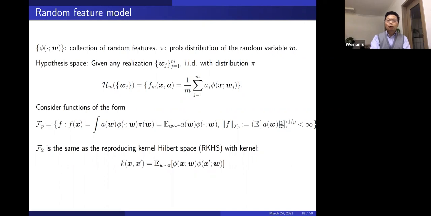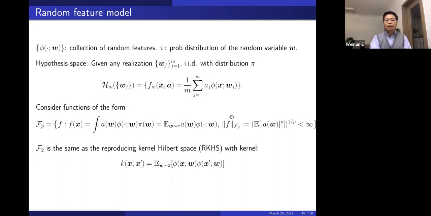And if p equals 2, this is exactly the so-called reproducing kernel Hilbert space with the kernel defined by the random features. So F_p is like the L^p extension of the associated reproducing kernel Hilbert space.